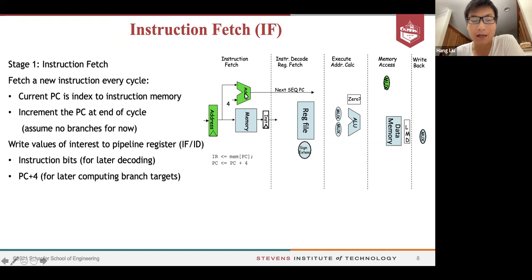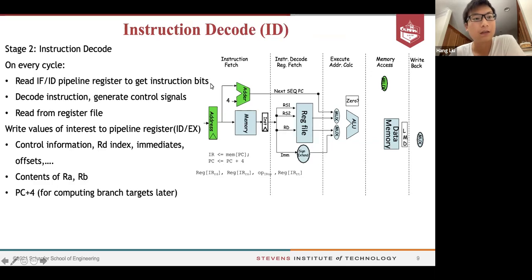That's why we have this adder for 4. We write the values of interest to the pipeline register, which we're going to talk about later. Instruction bits are used for later decoding, and PC plus 4 is for later instruction fetch, right?